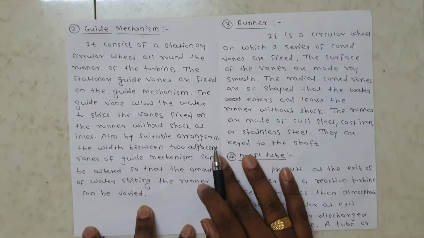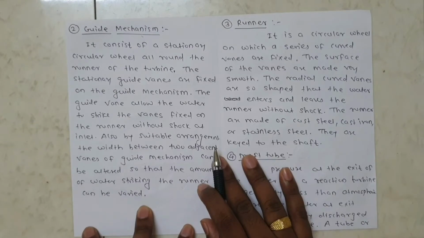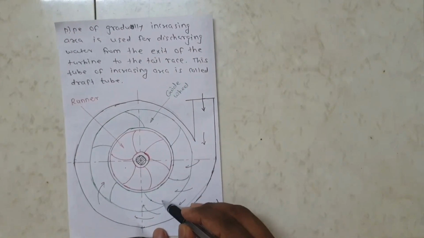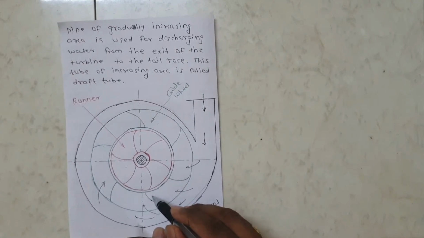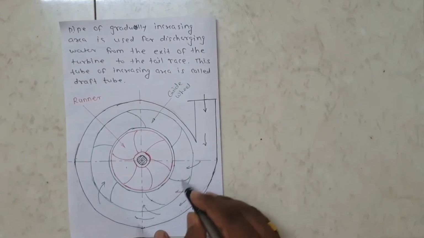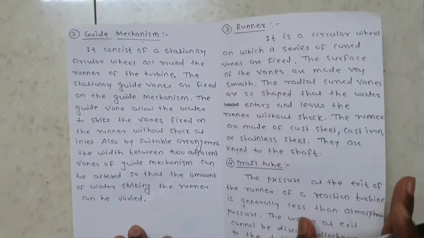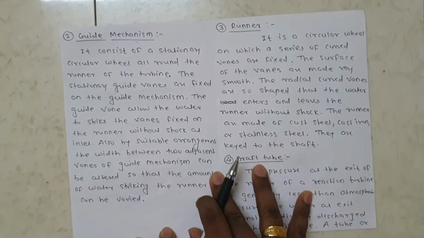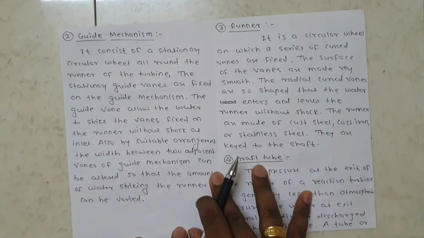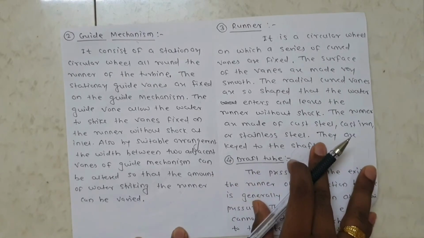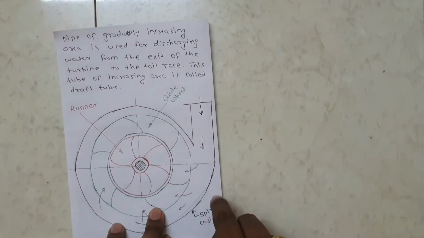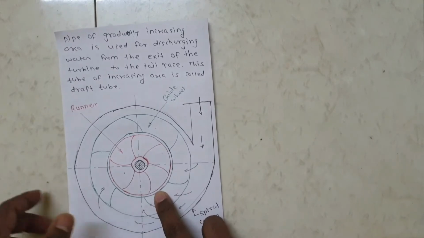The guide vanes allow the water to strike the vanes fixed on the runner without shock at inlet. Also, by suitable arrangement, the width between two adjacent vanes of the guide mechanism can be altered so that the amount of water striking the runner can be varied.